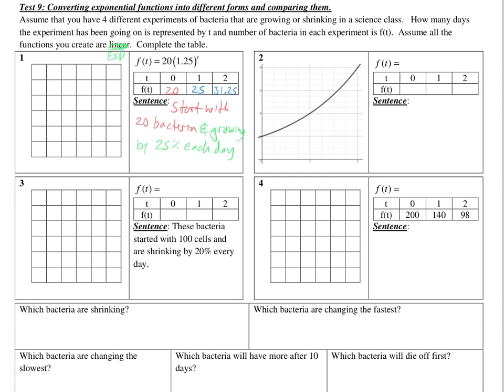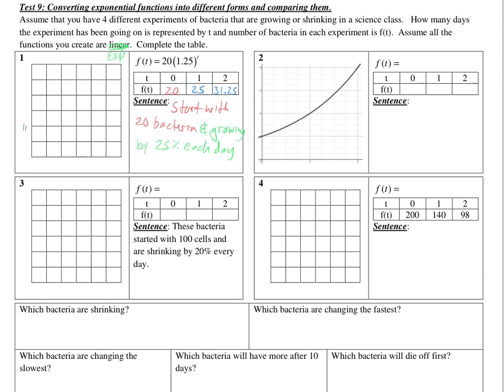Now we need to graph it. If we look over here, our graph is in the first quadrant, so we're going to do a first quadrant graph. Since my biggest one is 31.25, would going by 5s work? It might be off a little bit on this last one, but we can go a little bit above. So if I go by 5s, I think I'll fit decently.